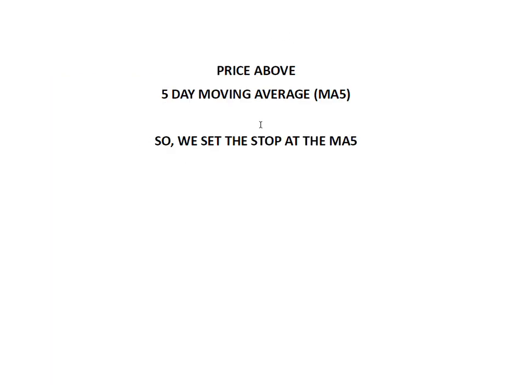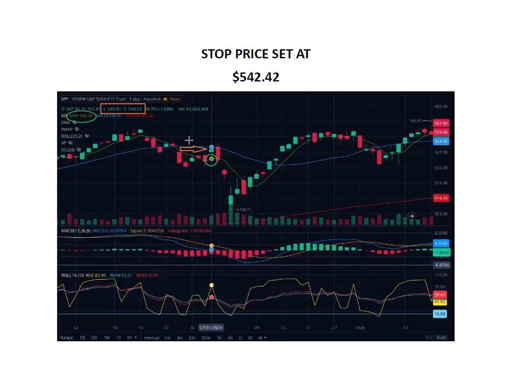So again, I'm looking for that 5-day moving average. And that's what we're going to set our stop at. But I need the price above it. And what do I get? Finally, I get that price above it. Right here. So the candle is up here. It closed at this orange arrow line.